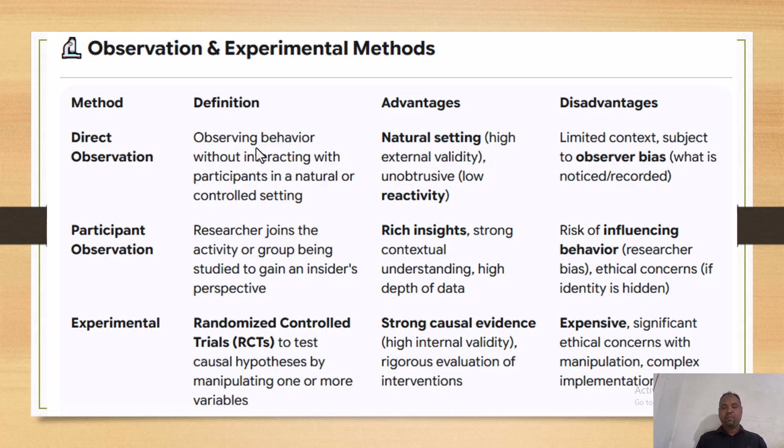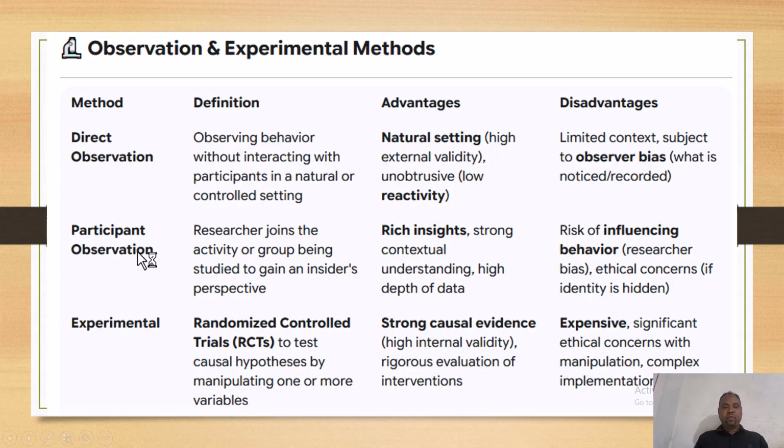No interaction here. We only observe in a natural or controlled setting, right? So what is the advantage? High external validity is there and low reactivity is there, right? As we are observing the natural setting. But the disadvantage is limited context, subject to observer bias, and it cannot show what is recurrent.